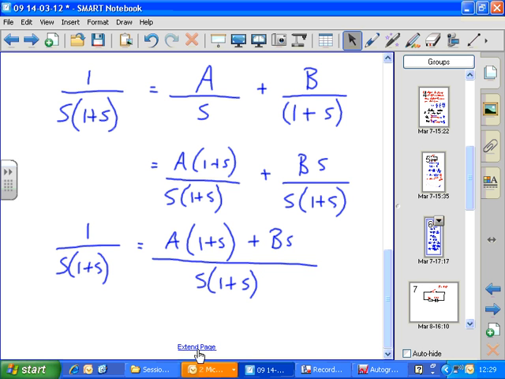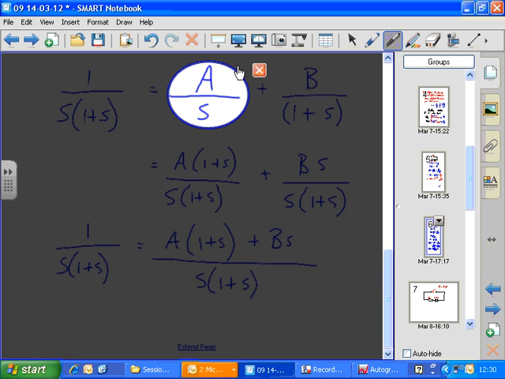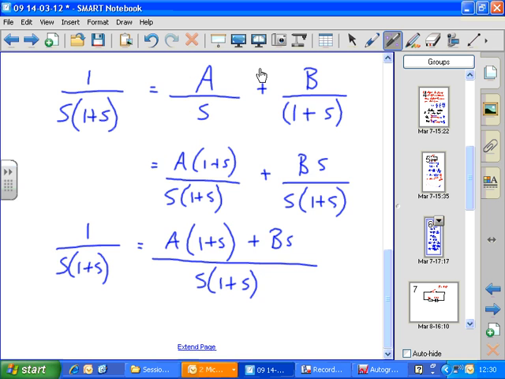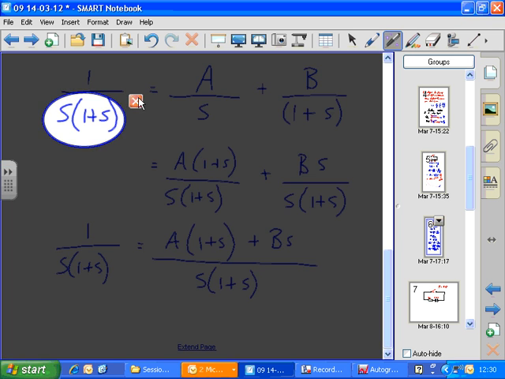What's happened there is, on the right hand side, I've tried to make the denominator of both the terms on the right hand side the same as the denominator on the left. So what have I got to do to the first fraction here? I've got to multiply top and bottom by 1 plus s to get it to be the same as the denominator here, s times 1 plus s.